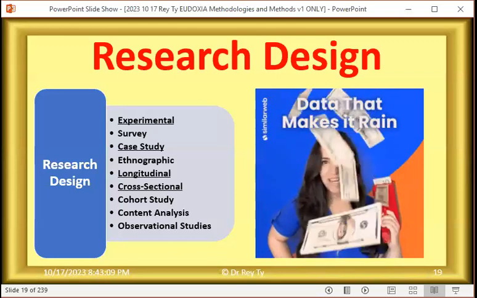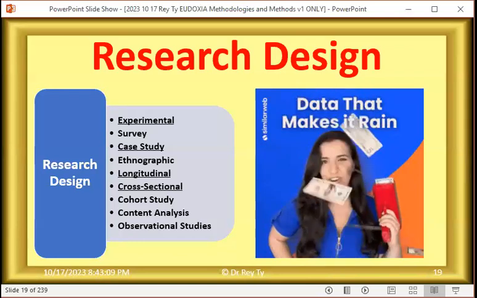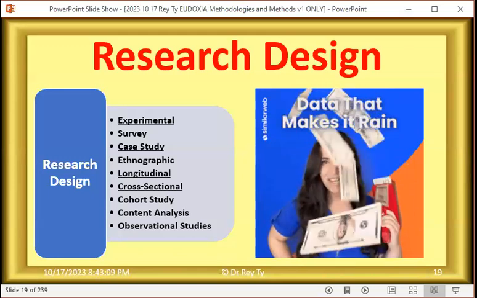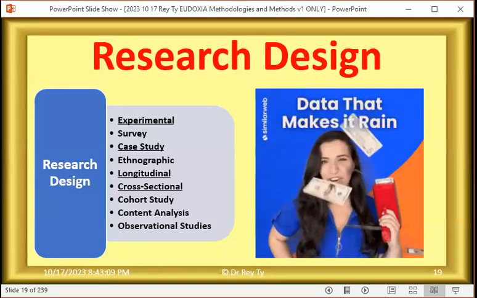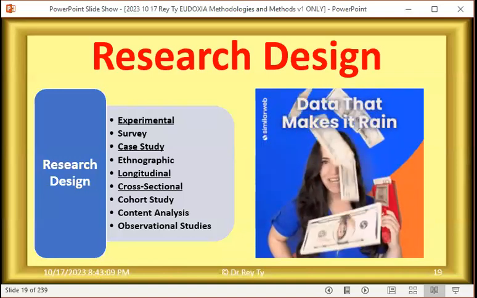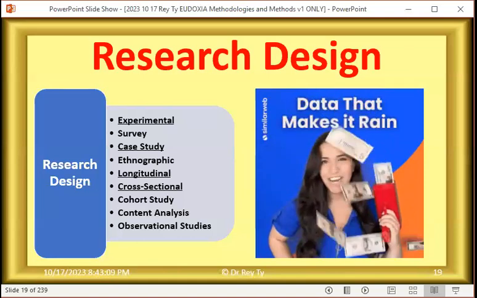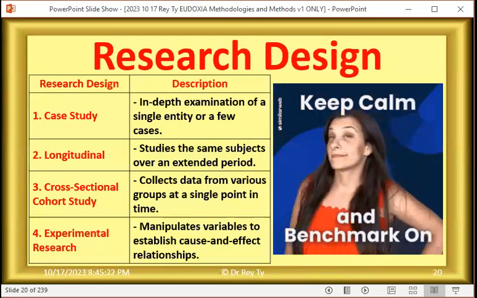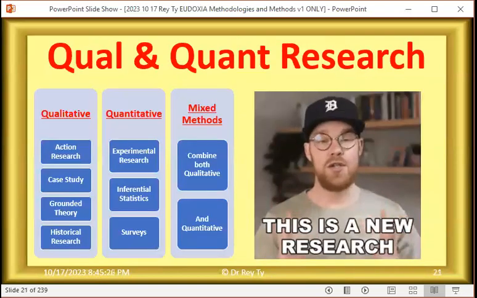Okay, so what are the diplomatic relationship, economic relationship, military relationship of India with the superpowers and the major powers in the world? That is cross-sectional. And there are others, but these are the major ones which I've underscored as the major research designs. Okay, so here we are.